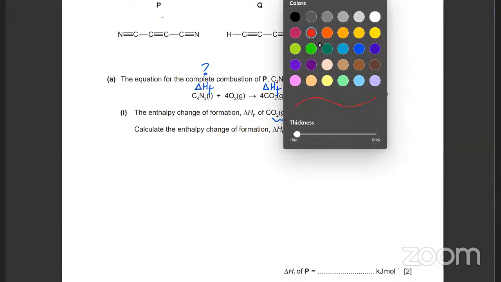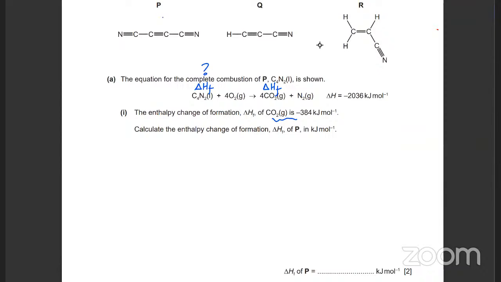You're going to use the formula, which is that the enthalpy change can be calculated if you know the enthalpy of formation of the reactants and the products as well. How do I know the enthalpy of formation of O2? It's not required, it's 0.